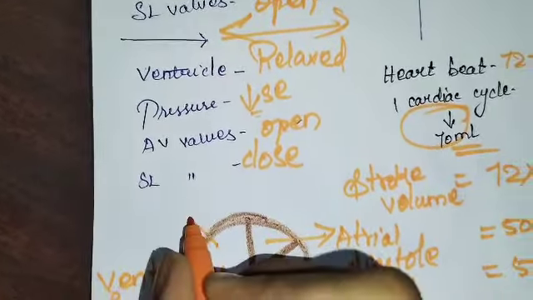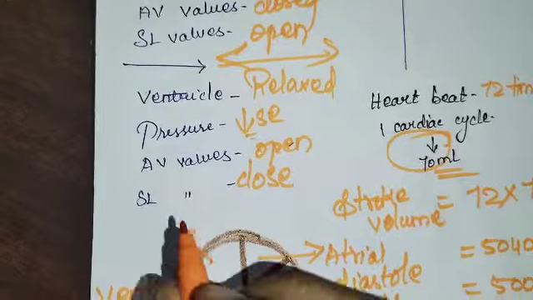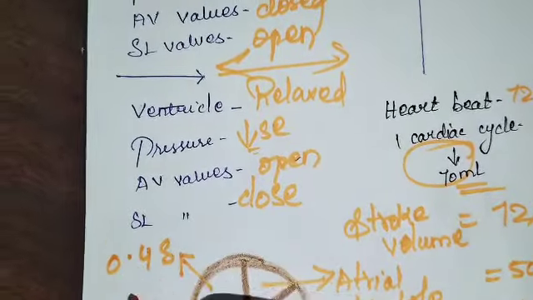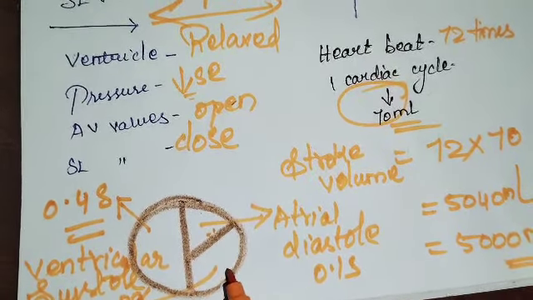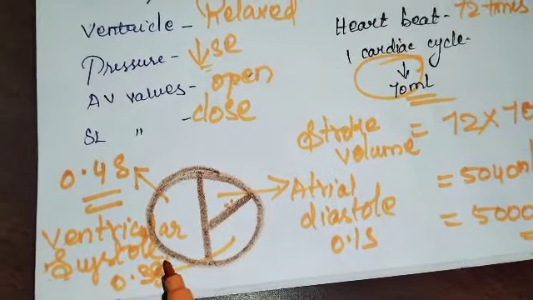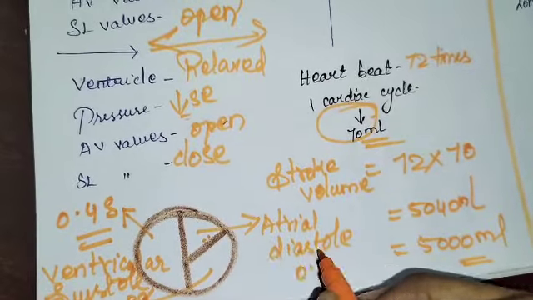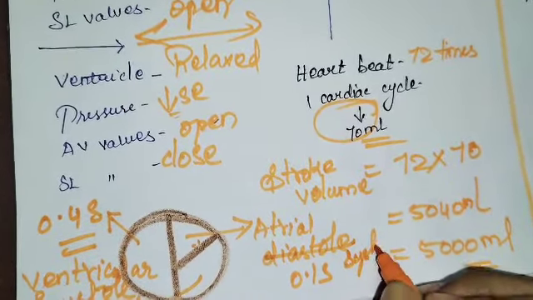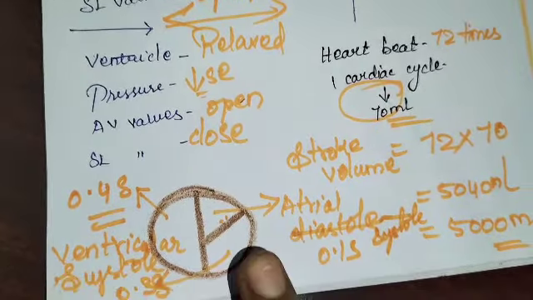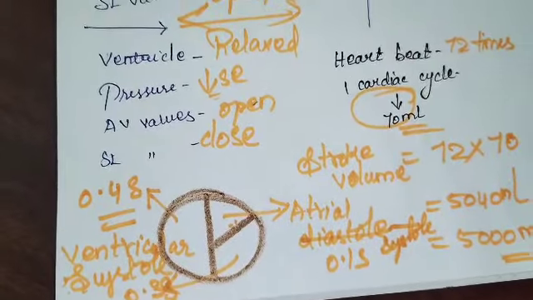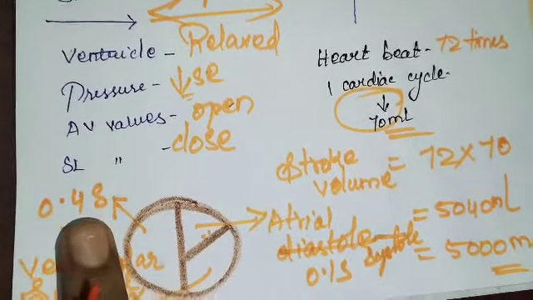Then the majority of the time phase is complete cardiac relaxation, that is 0.4 seconds. The least one is atrial systole and the middle one is ventricular systole, ventricular contraction. So atrial systole takes 0.1 seconds and ventricular systole takes 0.3 seconds, and total cardiac diastole takes 0.4 seconds.